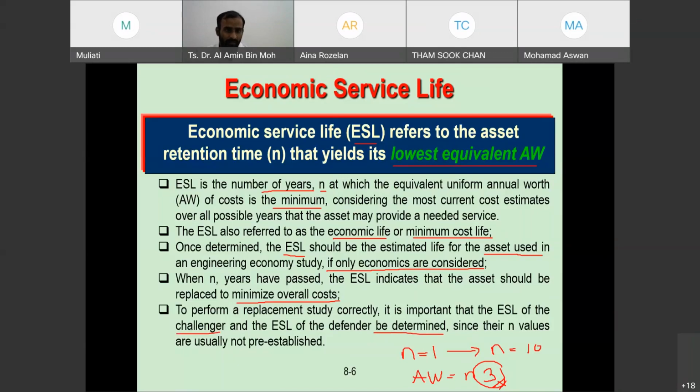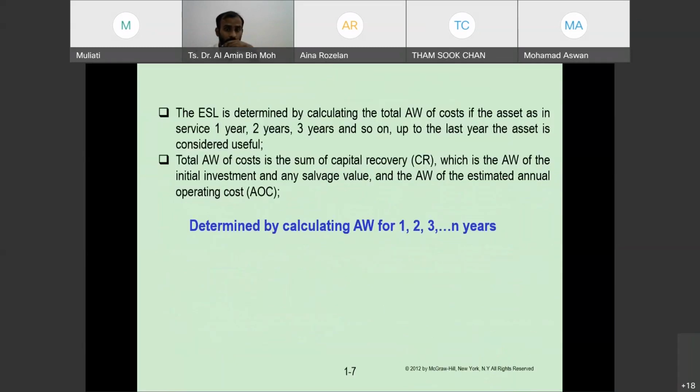Since their N values are usually not pre-established, we're not really sure about the years. So the ESL is determined by calculating the total AW cost if the asset is in service 1 year, 2 years, 3 years, and so on, up to the last year. So we are going to determine the ESL one by one. The total AW of cost is the sum of the capital recovery, which is the AW of the initial investment and any salvage value, and the AW of the estimated annual operating cost.